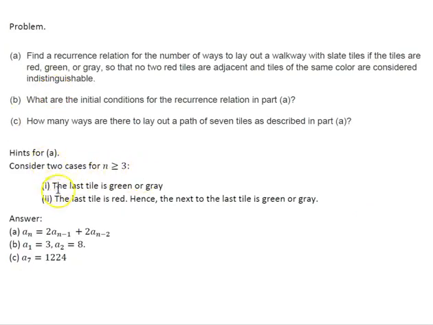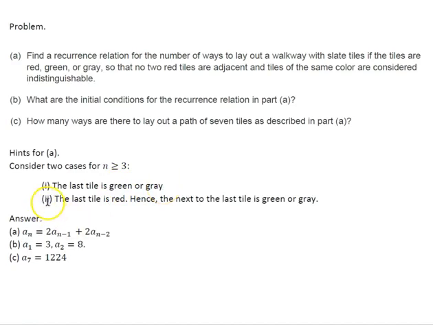Hints for part A. Consider two cases for n greater than or equal to 3. The first, the last tile is green or gray. Actually, here we have two subcases: last tile green, last tile gray.